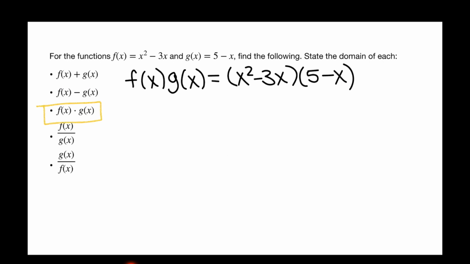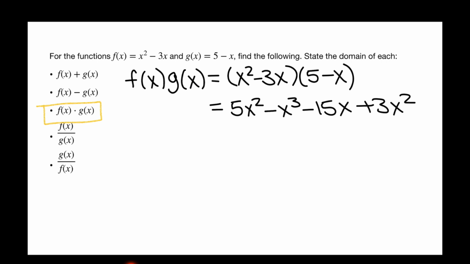All right, next one is f times g. f times g just means we're going to multiply the two functions together. So if we're going to take x squared minus 3x times 5 minus x, we can use that FOIL acronym to help us remember how to distribute. First, x squared times 5, that's 5x squared.